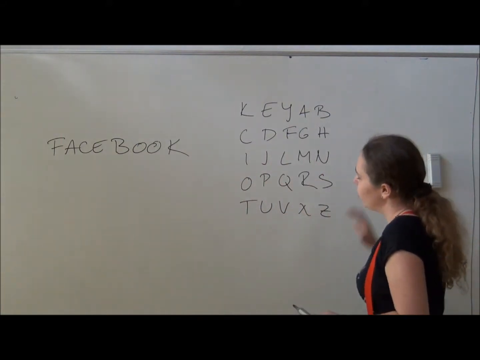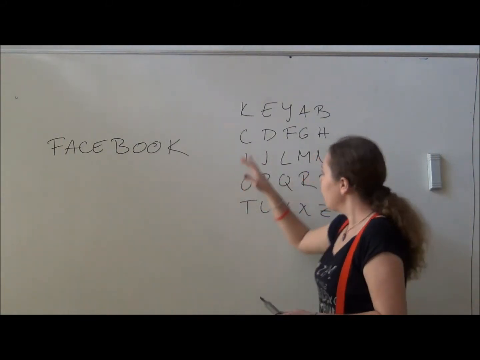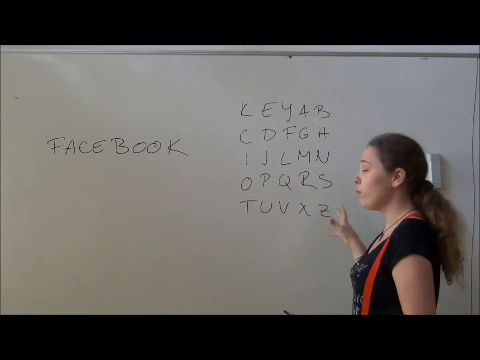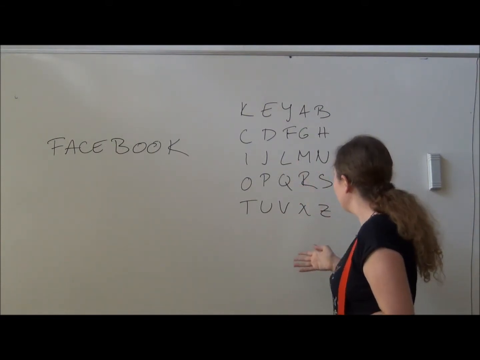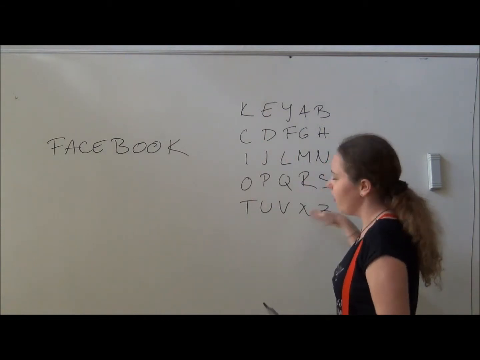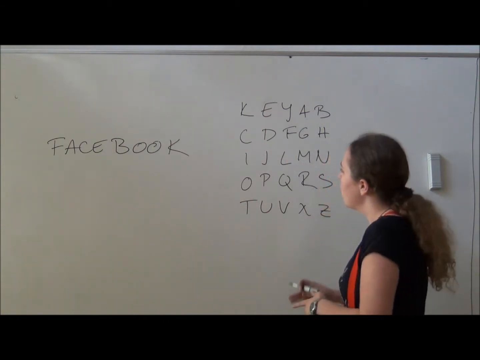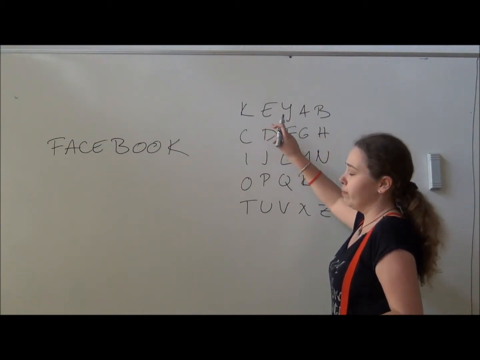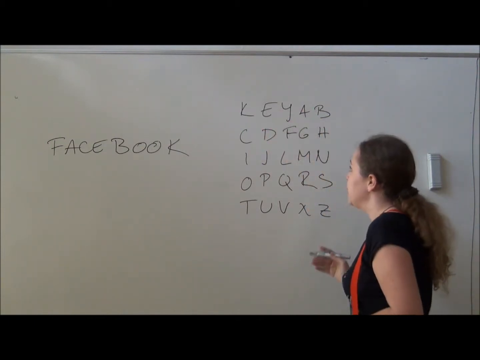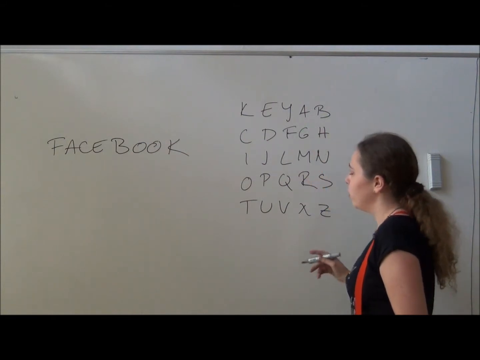You write the keyword into a kind of box with 5 columns and 5 rows, so it's a 5 by 5 box. After you write your keyword, which in this case is key, you write every other letter of the alphabet.